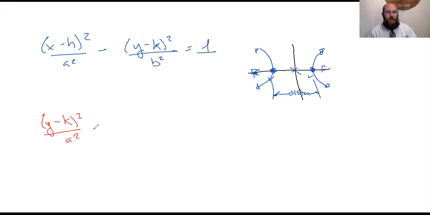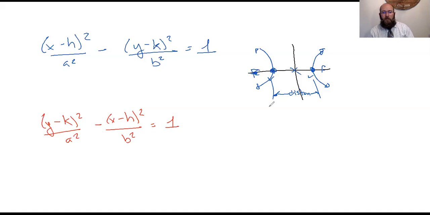But here, it is significant which one comes first because we do not have the commutative property of subtraction. You'll notice also the a squared is always going to be first and the b squared is always second. That has a little bit of significance if you look in a textbook or do some research online, but I'm going to show you how that is a little bit less important later, at least for us with how I describe this.